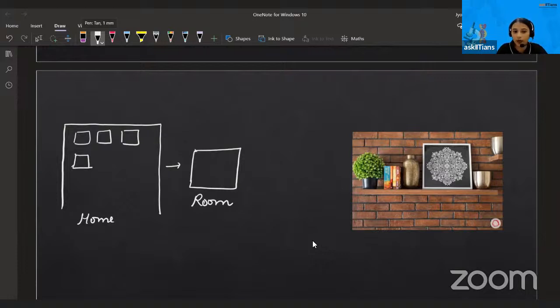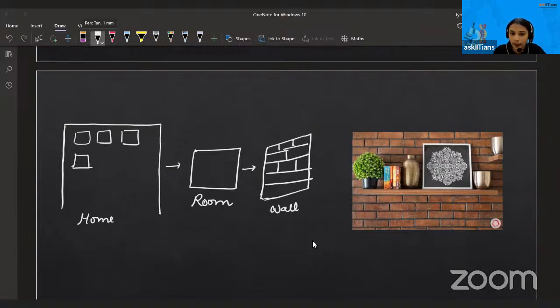Whenever we look around our room, we see that our rooms are made up of walls. And when we look closely at our wall, we observe that our walls are composed of bricks. So can we say that this brick is the building block of our house?